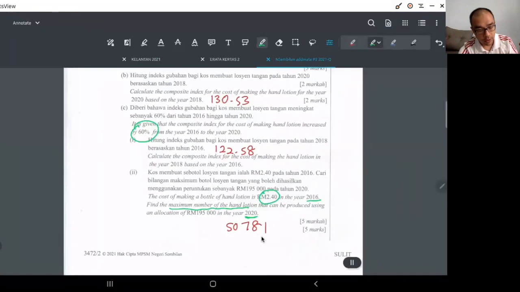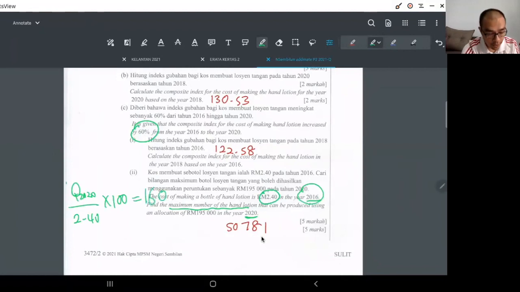Okay, so the price is 240 in 2016. So the price in 2020 over 240 times 100 equals to 160. So you find the price in 2020 first. And if your total allocation is 195000, okay, you bahagi sajalah kan dengan harga satu botol to find how much hand lotion you can get, which is 50781.